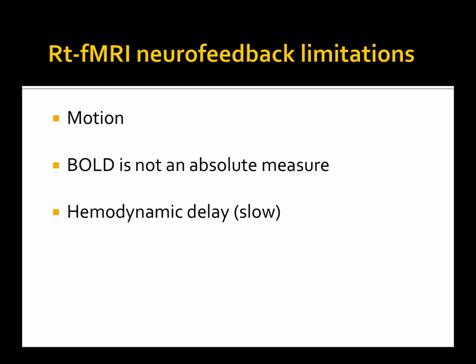So when we try to do neurofeedback, we need to figure out how we are going to deal with the variability that this signal will have. And as I showed in the previous picture, and we talked about, this hemodynamic response is slow. It takes seconds, while the brain activity is much faster.